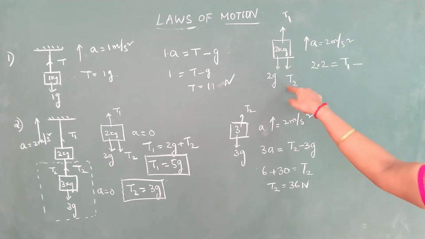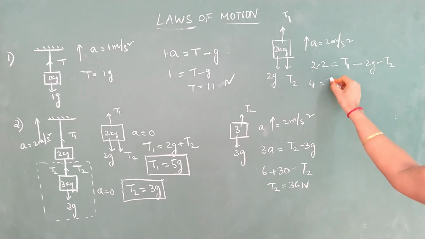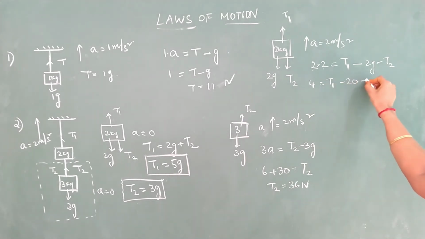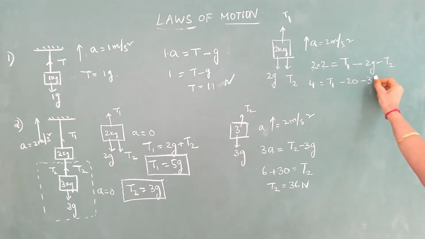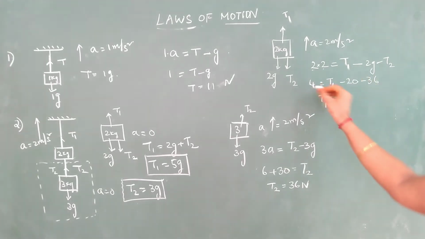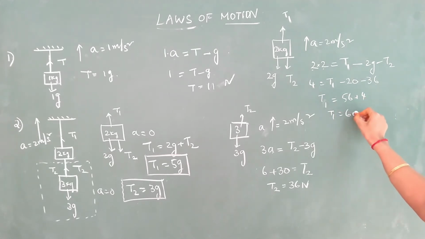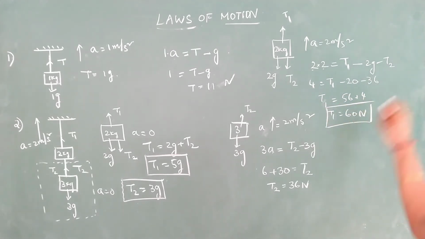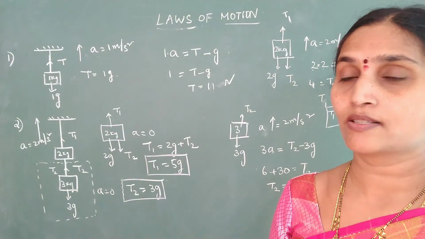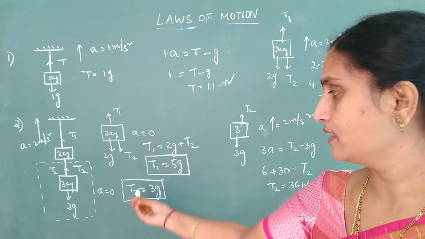What are the two opposing forces? 2G minus T2. Simplify. 4 is equal to T1 minus 20 minus 36, or T1 is equal to 56 plus 4. How much is the value? 60 Newton.